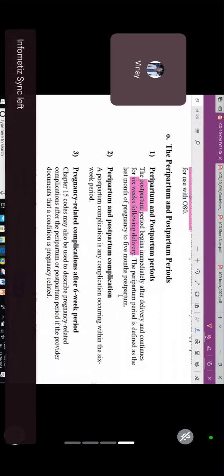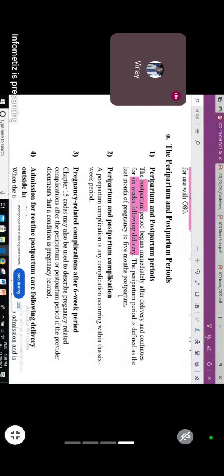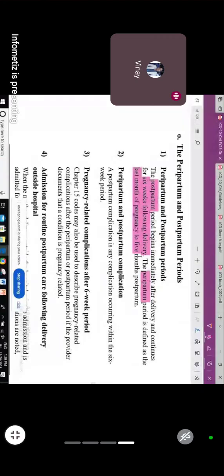Postpartum, 6 weeks following delivery, which I told you. It's given here. Peripartum is the last month of a pregnancy to the next 5 months after delivery. Peripartum is one other word, for the last month before delivery.